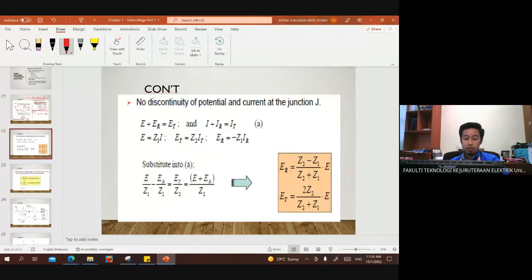So the most important part that you must know is the coefficient. We need to find the value of the voltage reflected and the voltage transmitted based on this coefficient. For example, this is the value of E, which is the input, and then this is the voltage reflection based on this coefficient.